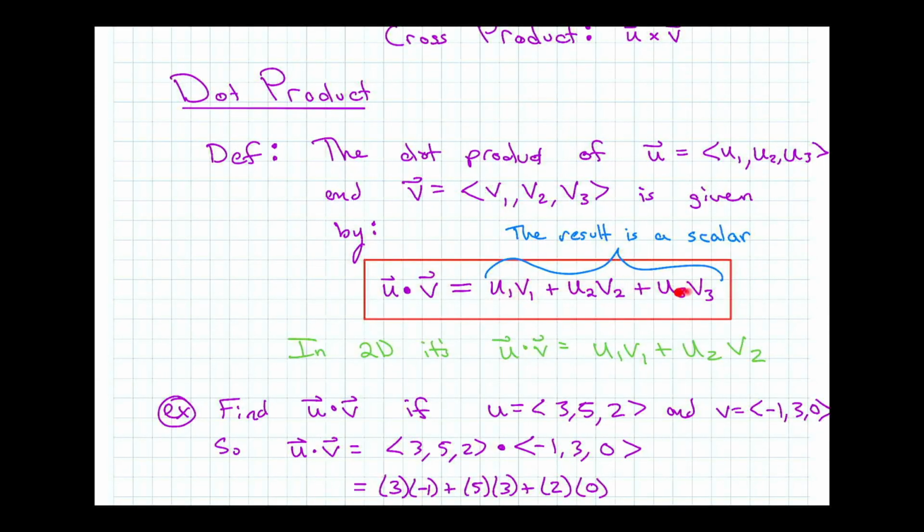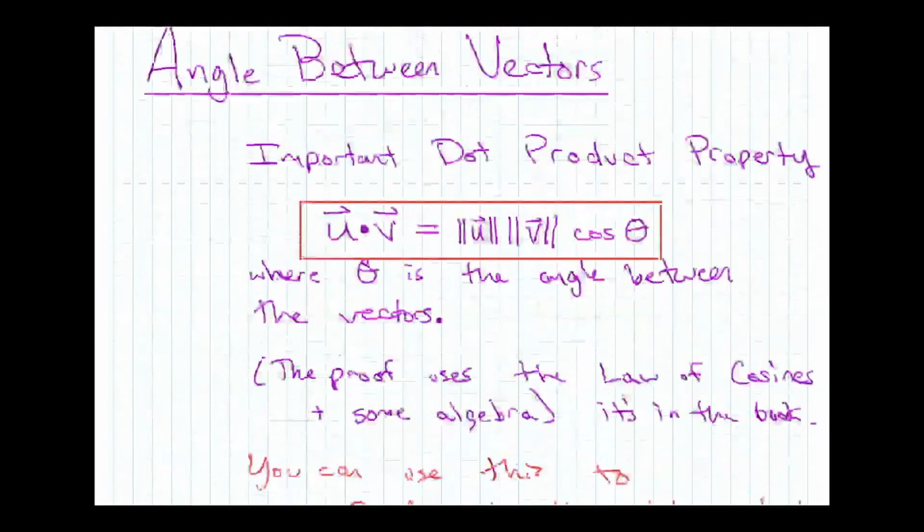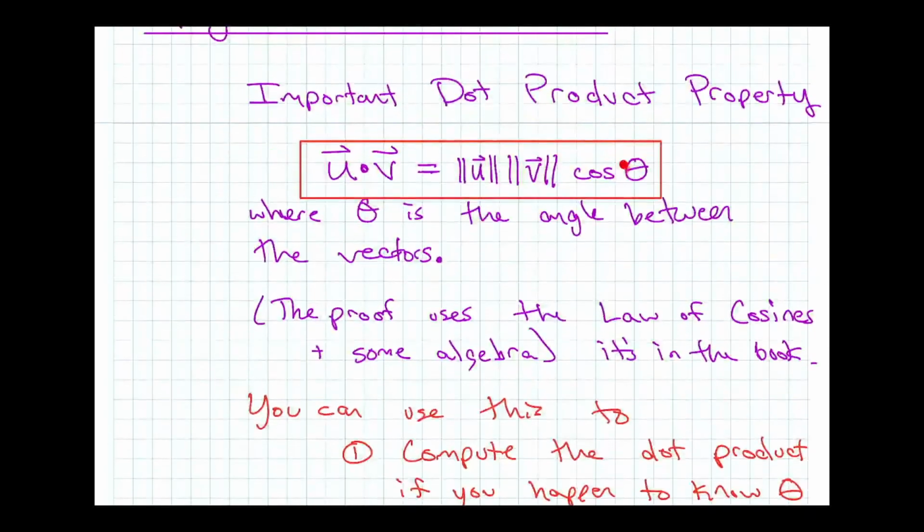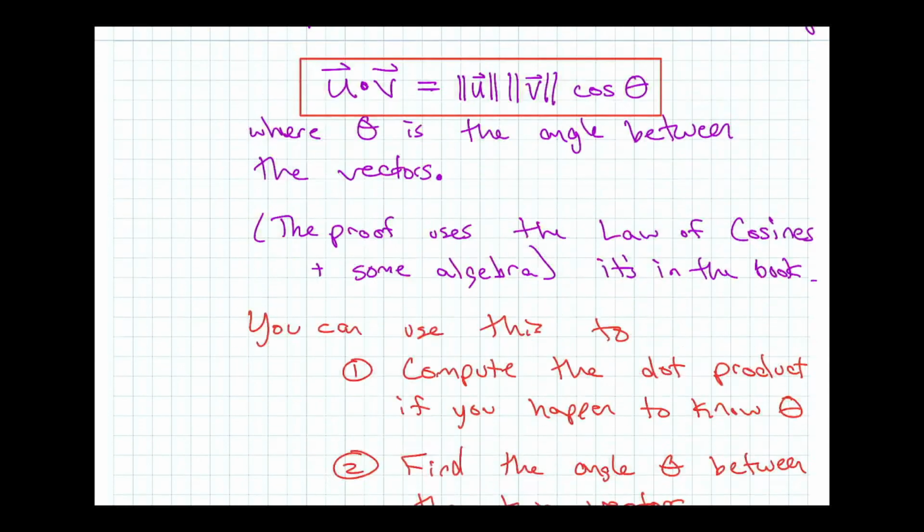In order to use it, you have to have the x, y, and z components. I didn't tell you the components. I just told you the length is 5 and the length is 8, and this angle is 30. So I purposefully didn't give you the components. You're kind of stuck using this formula, aren't you? Because that's just what I gave you for information. So that's one place where you might use this formula.